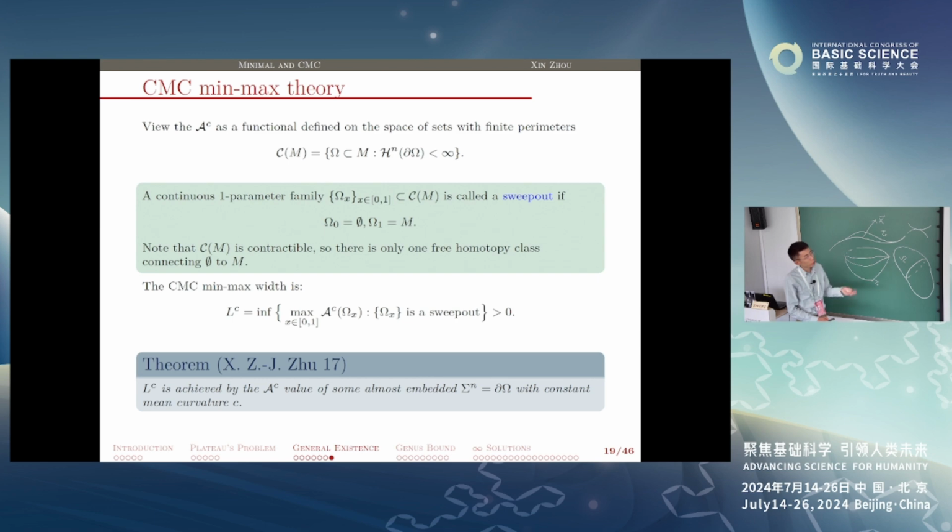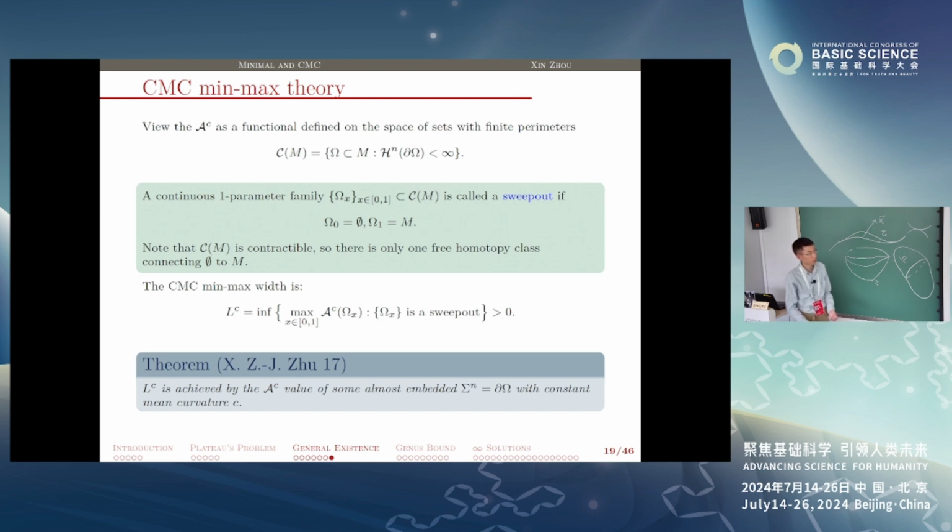I just reformulate Almgren-Pitts. Last time I considered a one parameter family of hypersurfaces. This time I consider a one parameter family of sets. And I start with the empty set and end at the total manifold. And it's easy to see that there's only one such free homotopy class connecting the empty set to the total manifold because the whole manifold is contractible.